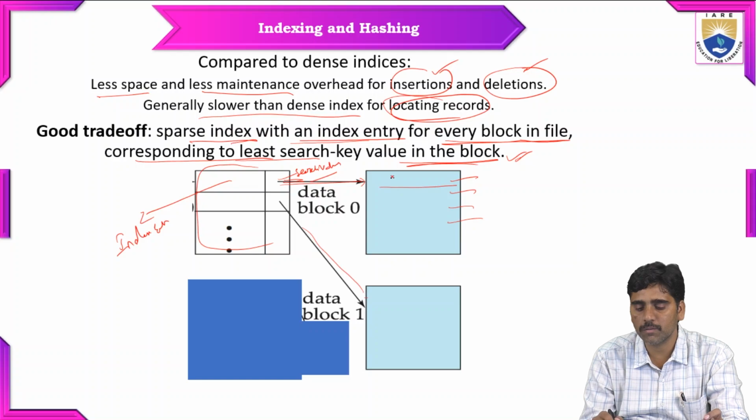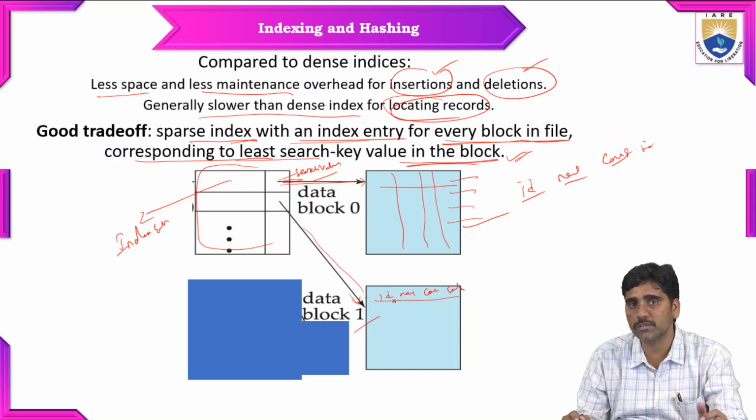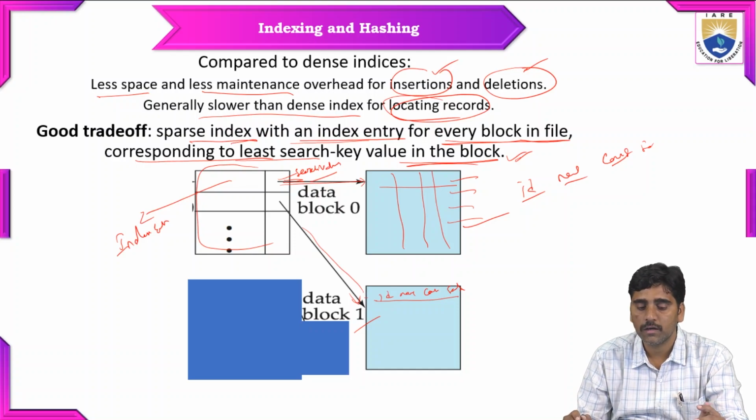So this is one data block, containing the table ID, name, course and salary. Similarly, data block 1 also has the same search key values with the IDs, names, codes and salaries. So that is how you can understand the comparison of sparse indexes and dense indexes: because of the lower space overhead taken by the indexes, it is a good trade-off.